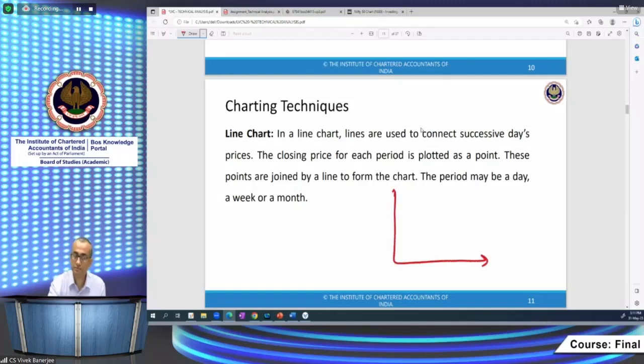So these dots are the closing prices. In a line chart, only the closing prices are shown, which way the prices are going. On this basis, the technical analyst takes a decision. But since only closing prices are shown, it is rarely used by the technical analyst.